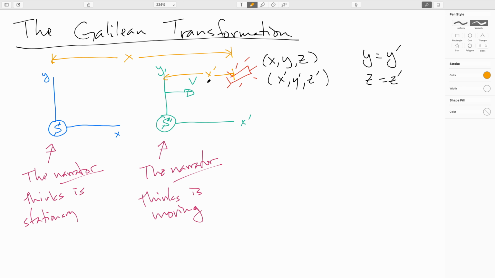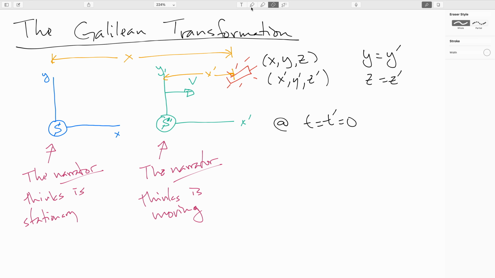Now, again, to help preserve our sanity a bit, we can assume that when these two origins overlapped, that was when both clocks were set to 0.